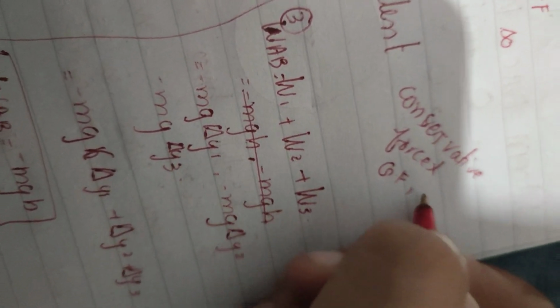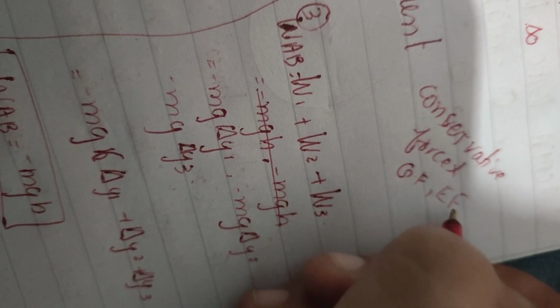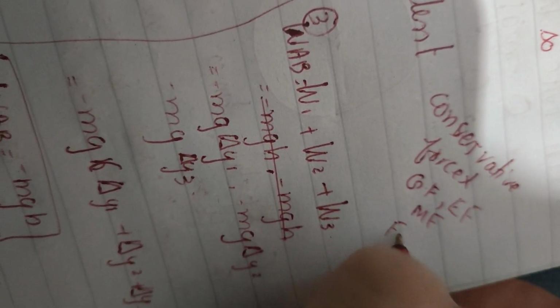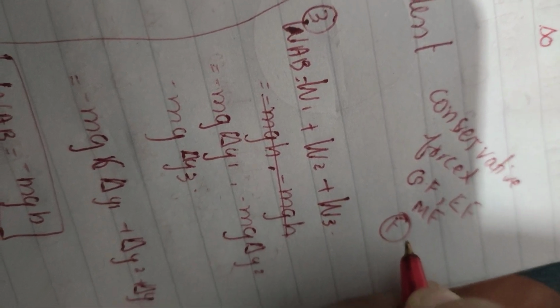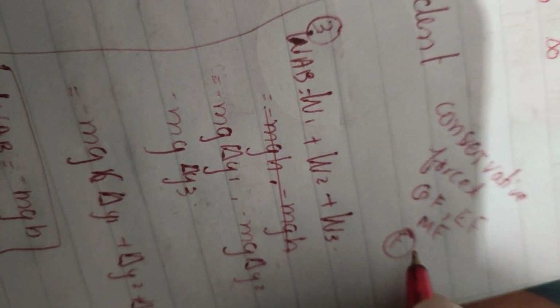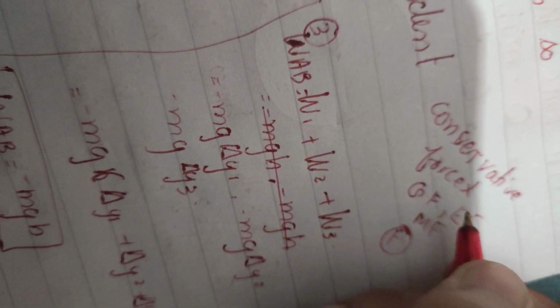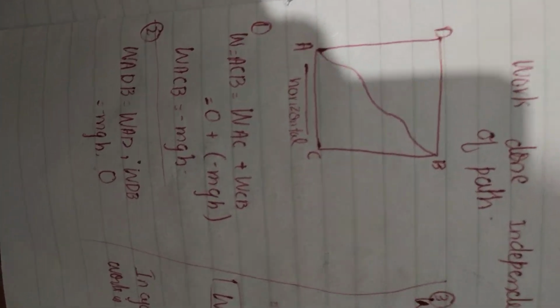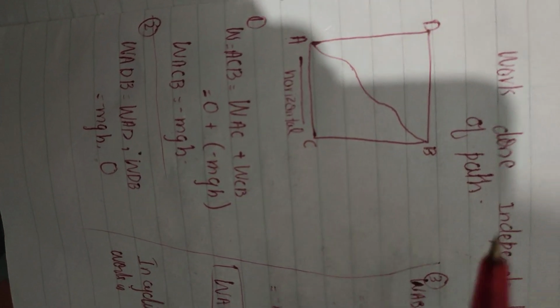Does the gravitational force depend on the path? Exactly not. Electric field does not, magnetic field does not, but the frictional force depends on the path, so that is not a conservative force. That is the word used for non-conservative force. Yes, non-conservative force, all right.